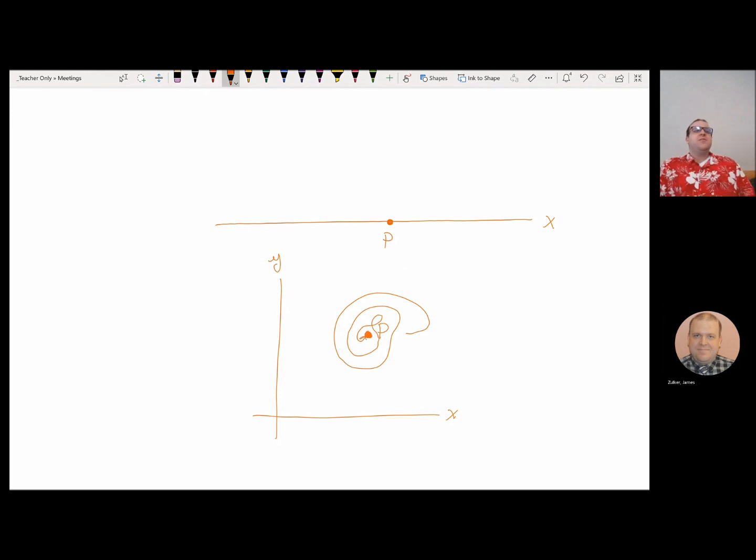Yeah, there we go. That's a way to approach the point. The limit exists if and only if the limit is the same no matter how you approach the point. So that's where it gets more difficult.